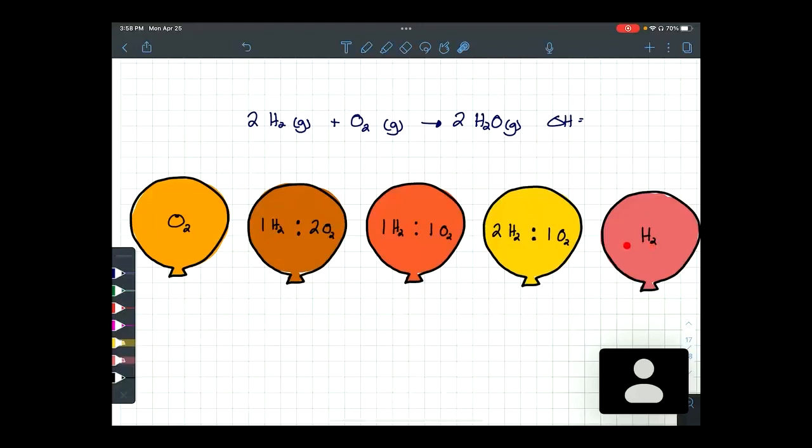But then what if we made it all H2? What if we made all of it the fuel source, with no oxygen? A lot of people will think, oh, you add more fuel, you'll have a bigger boom, but that's not how it works. Even if you mess up the ratio in your carburetor, you can run rich, and your engine doesn't work very well either. When you run rich, you have way too much fuel and not enough oxygen, so you get incomplete combustion.